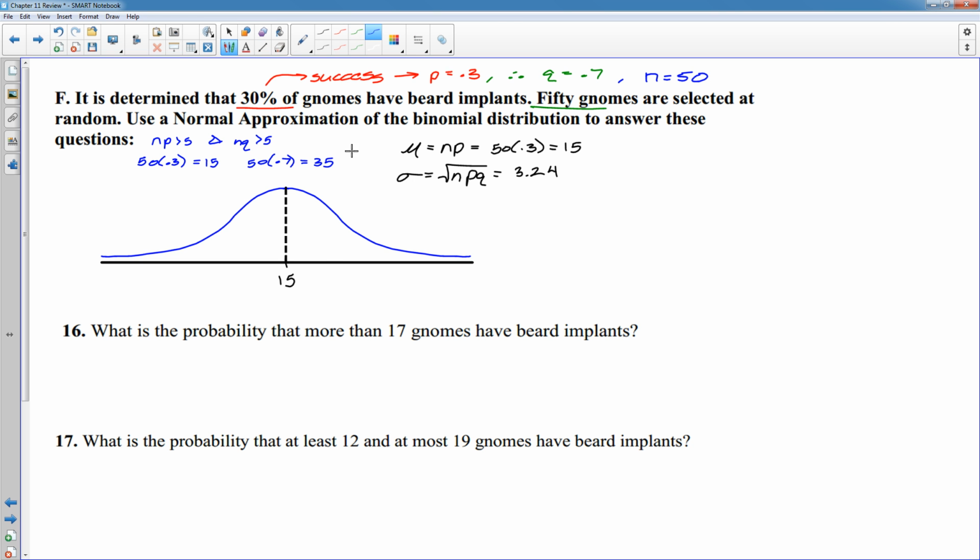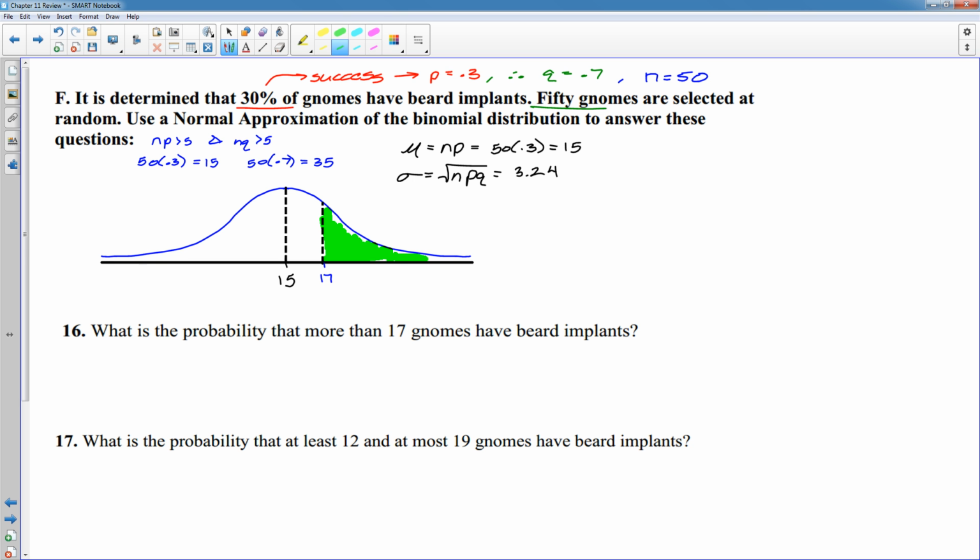So 17 is going to be about right here. The probability that more than 17 have beard implants means I want to find the area to the right of this region. So I'm looking for all of this region over here. That's the stuff that's more than 17.